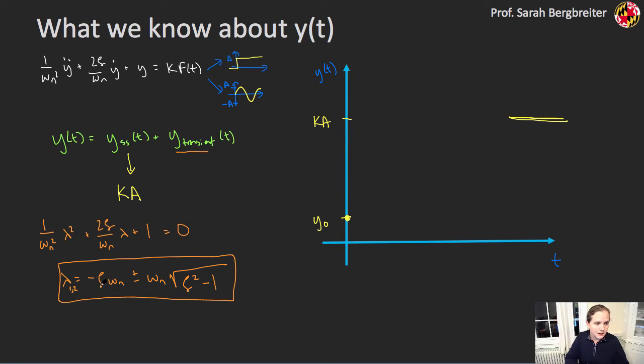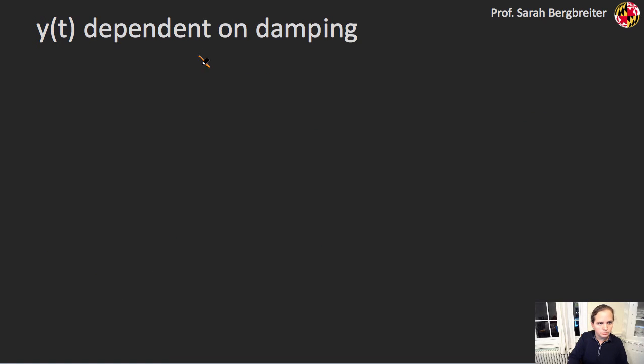And these will be minus zeta omega n plus or minus omega n times the square root of zeta squared minus 1.